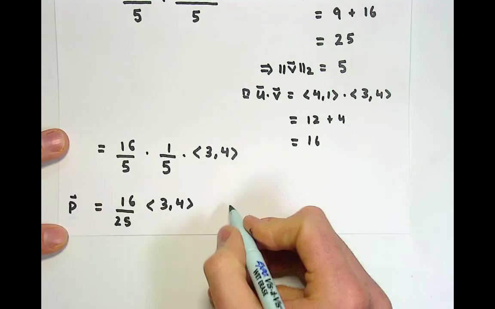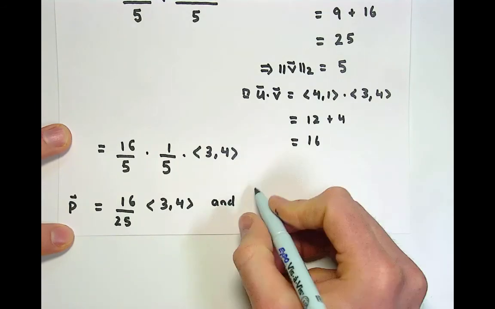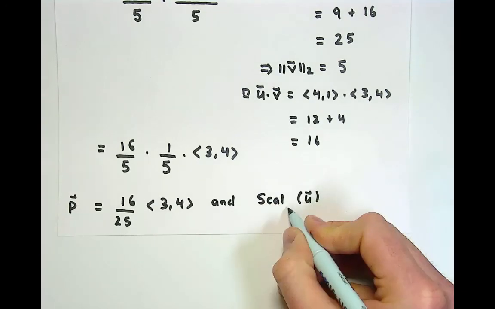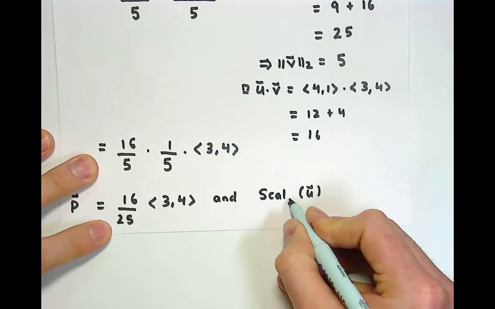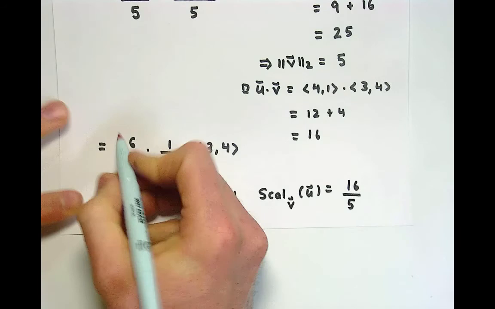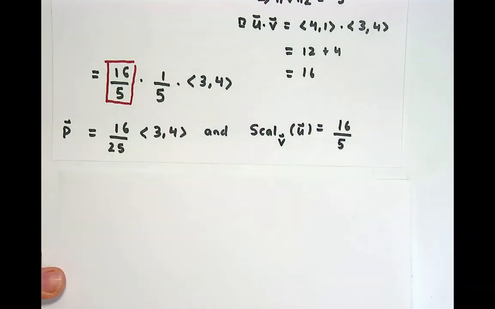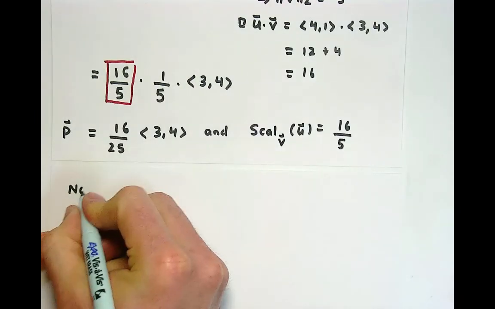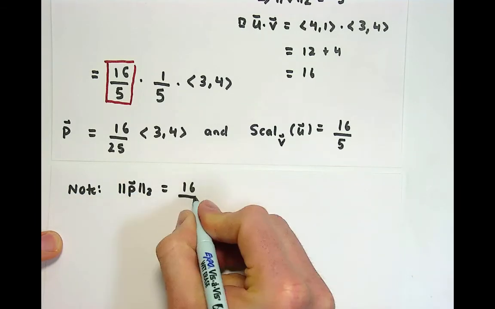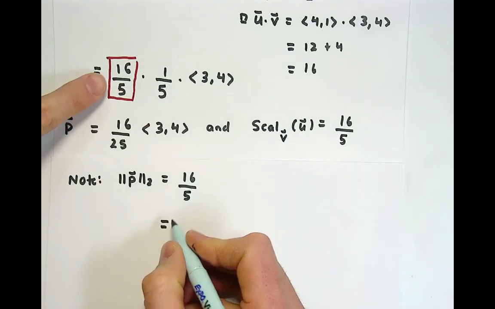So this is p. What's really interesting about this is if I think about the scalar projection of u onto v, it was 16 over 5. And that is actually the length of this vector. Here it is right there. And I'm going to go ahead and confirm that for you. I'm going to claim right now, as we showed in the last video, and I'm actually going to show that this is true by looking at this one.